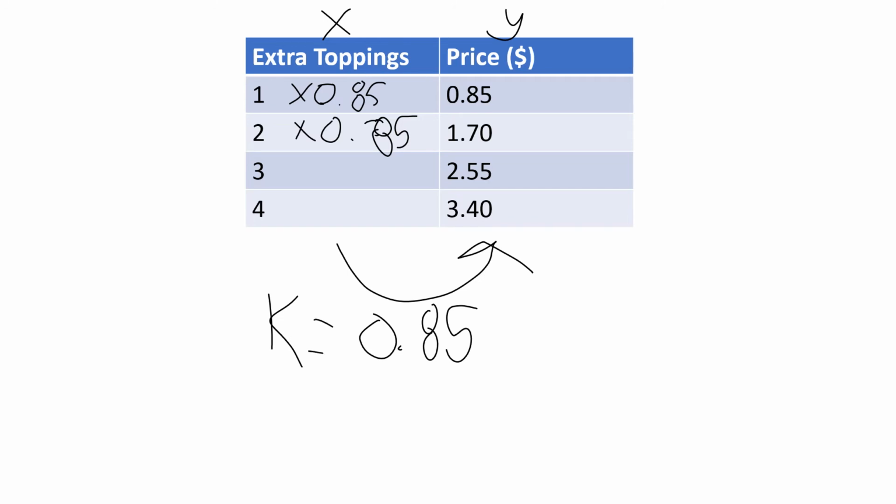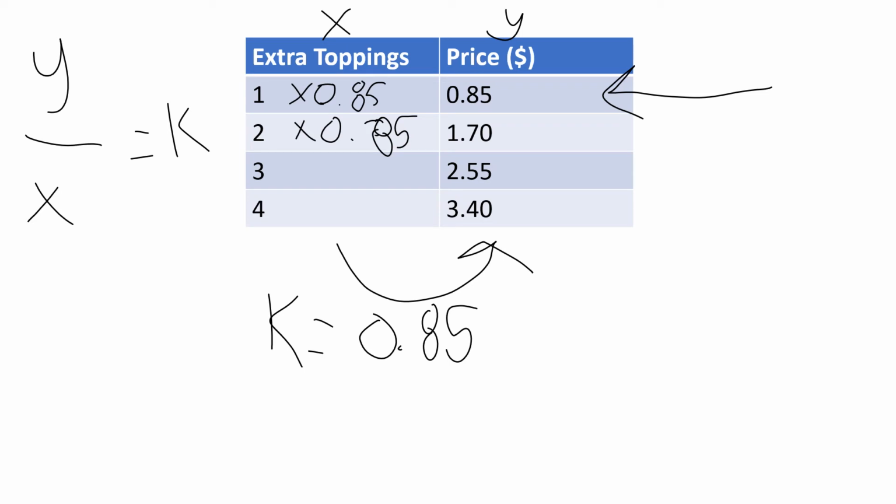You can figure that out by doing y divided by x. Because if we do $3.40 divided by 4, you'll get 85 cents. So you can also see the unit rate's 85 cents. Remember, the constant of proportionality is the same as the unit rate. So this 85 cents is showing up in a lot of different ways in our table.